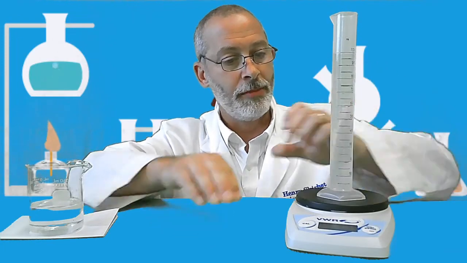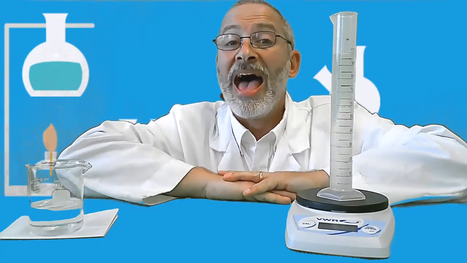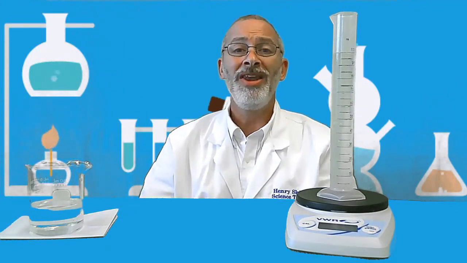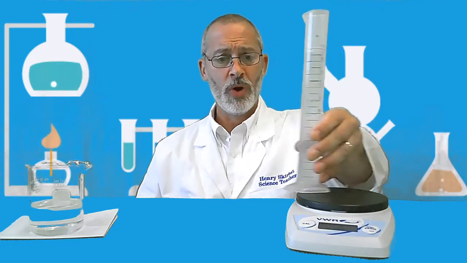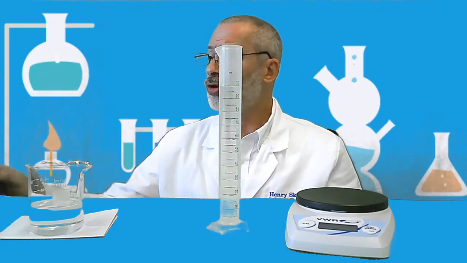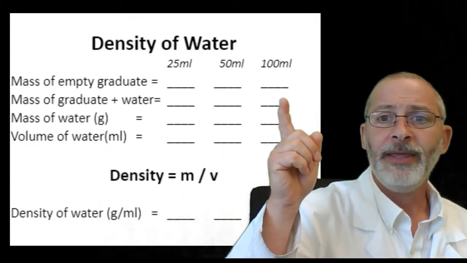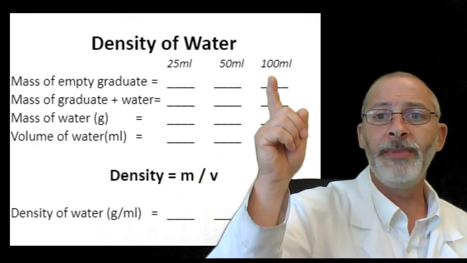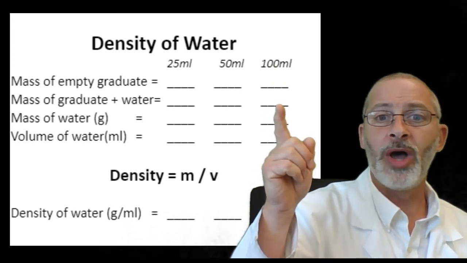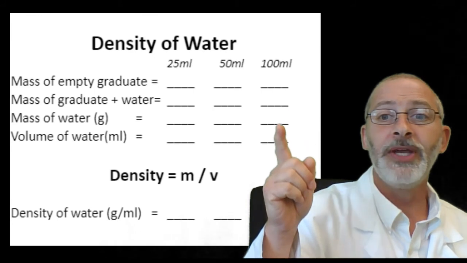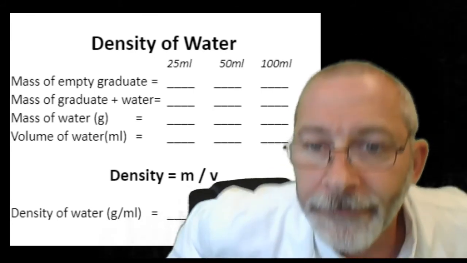We're going to determine its mass. And look at that. The mass is 150 grams. 150 grams. So let's go back to our data table. This was for 100 milliliters. The mass of the graduate plus the water is 150 grams. You have to fill in the rest of the information.